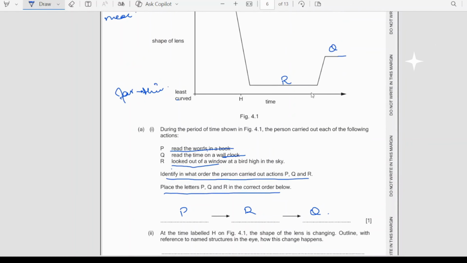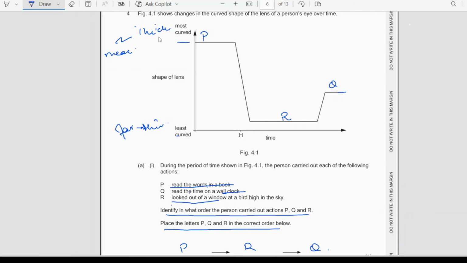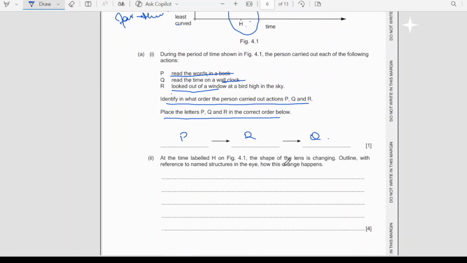Now what changes the thickness? Let's move here. You are moving from the thicker lens to the thinner one at point H. They've given you point H where it's getting thin. So what will happen to your two structures, the ciliary muscles and the suspensory ligaments?